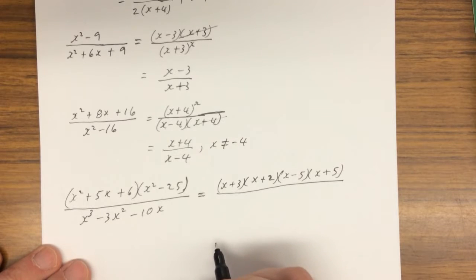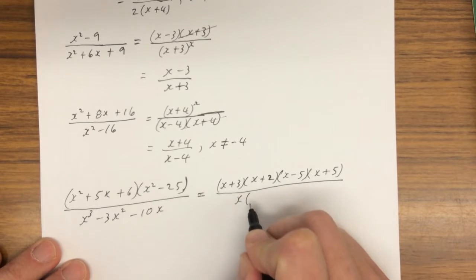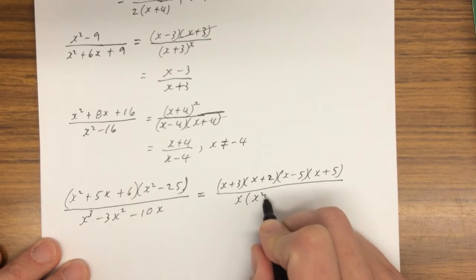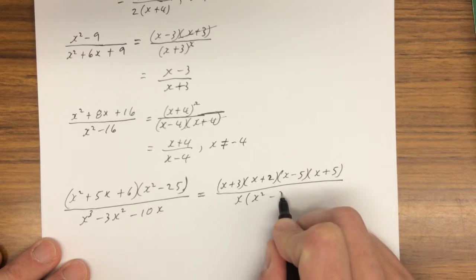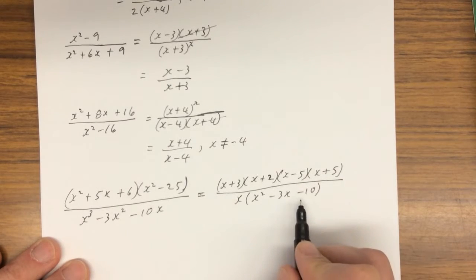Now the bottom, well, we have a common factor of x. So let's take that out. Then we have x squared minus 3x minus 10, and we have now a quadratic on the bottom.